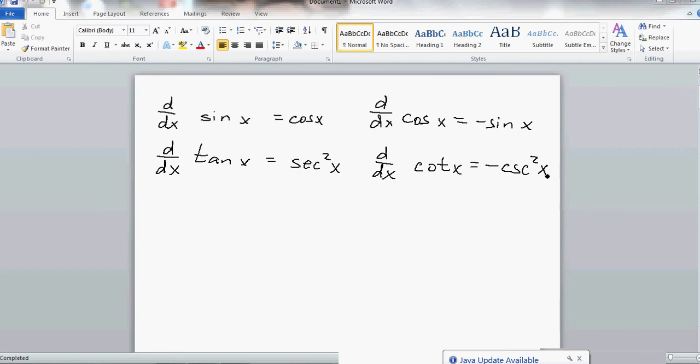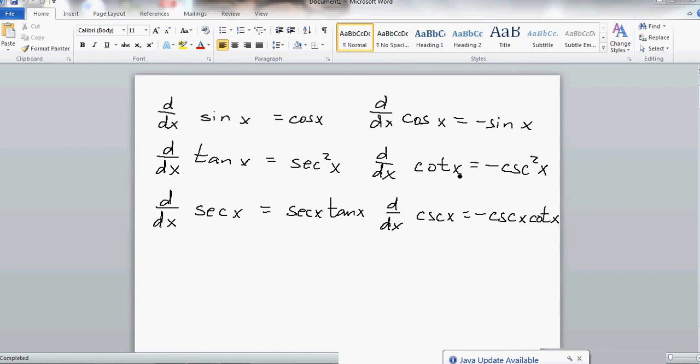Then the last two, the derivative of the secant of x is equal to the secant of x tangent of x. And finally, the derivative of cosecant of x is equal to negative cosecant of x cotangent of x. And if you notice, there's something very familiar.